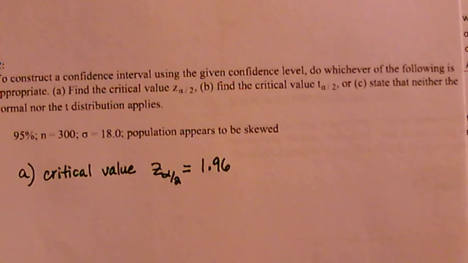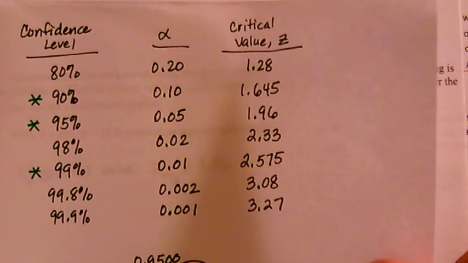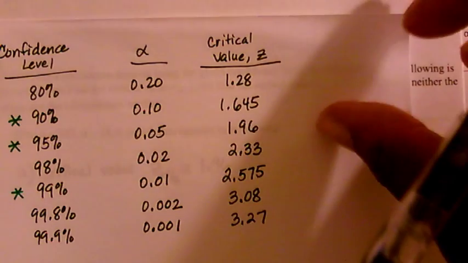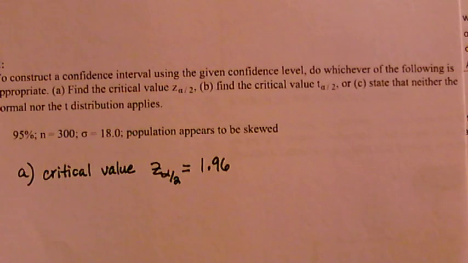If you recall, with the critical z value, I gave you a table where z of alpha over 2 would give you, for the 95% confidence interval, 1.96. And I can pull that up for you. Here, 95% confidence, your critical z value, 1.96. Okay.